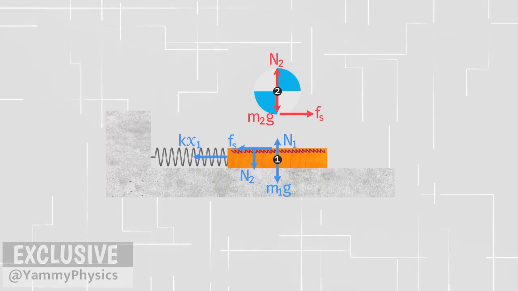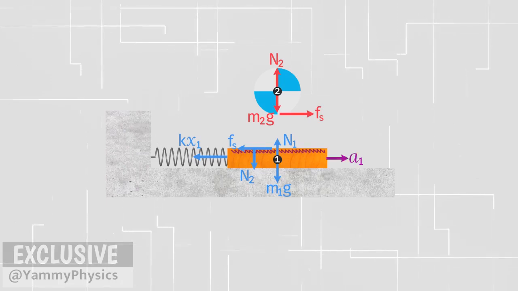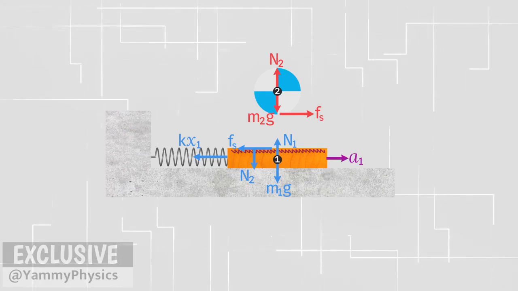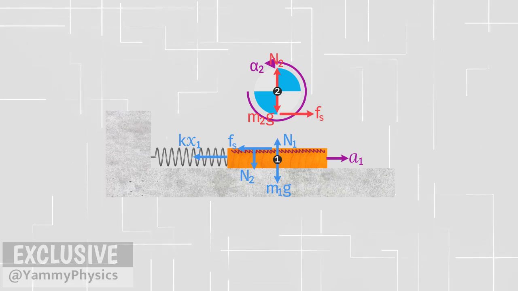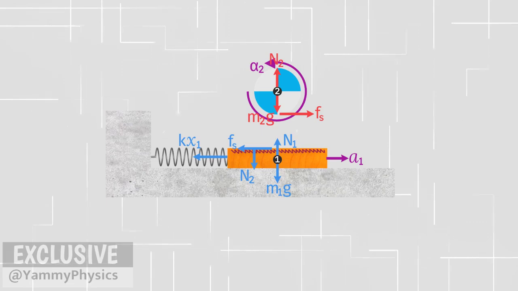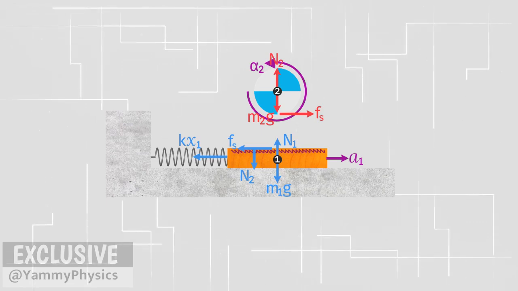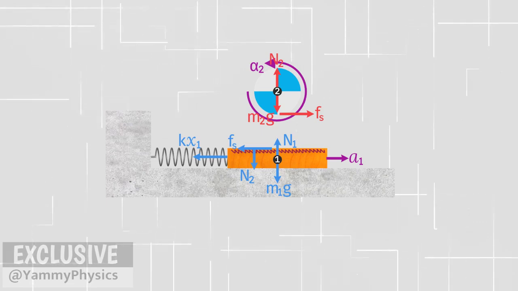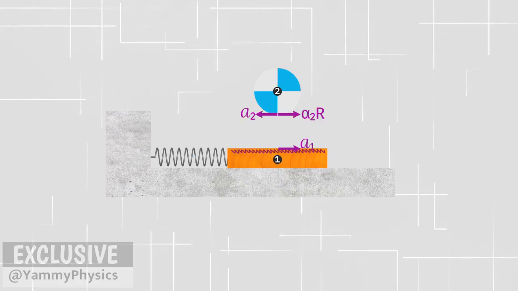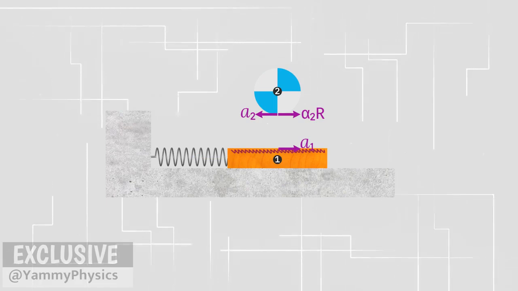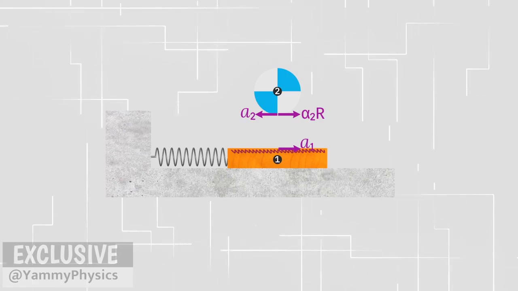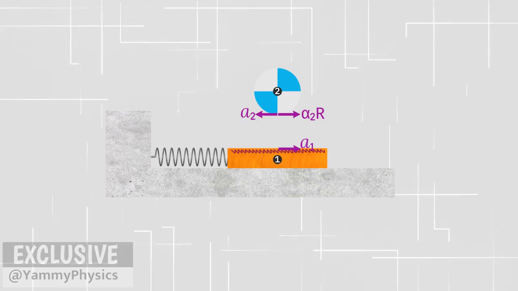Suppose the board is accelerating to the right with an acceleration of a1. The cylinder is rotating with an angular acceleration of alpha2. Since the cylinder is rolling, there are two accelerations at the point of contact: a translational acceleration of a2 to the left, and a tangential acceleration of alpha2 r to the right. a1 and a2 are the accelerations measured by an observer on the floor surface.